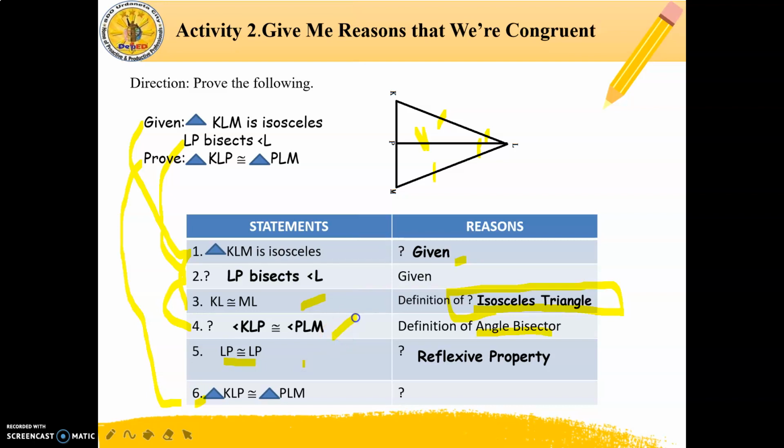And one angle is also congruent. Another corresponding sides are congruent. And this angle, KLP and PLM, are the included angles. Therefore, the two triangles are congruent using side-angle-side congruence.